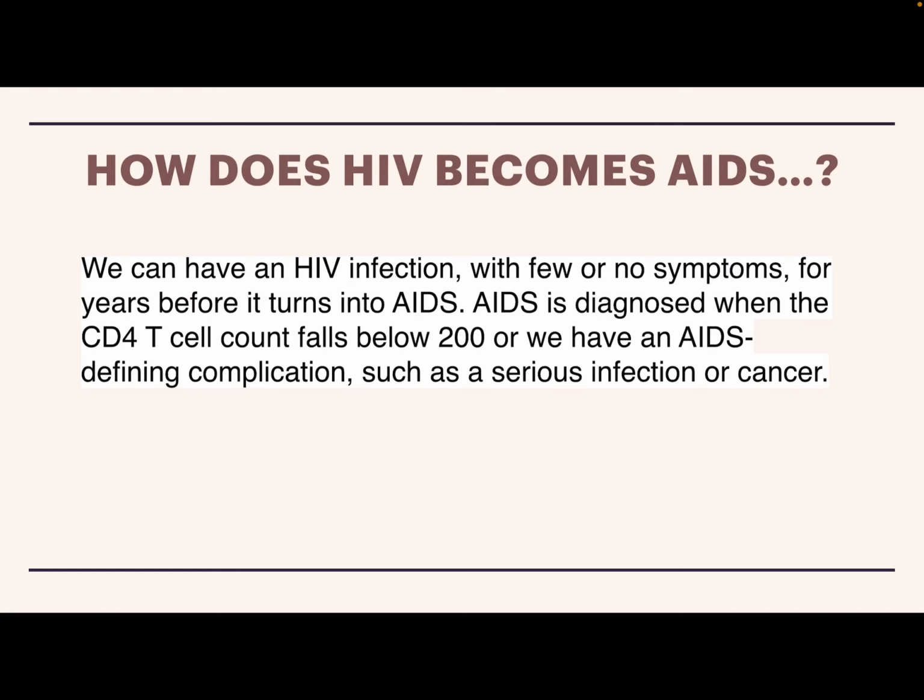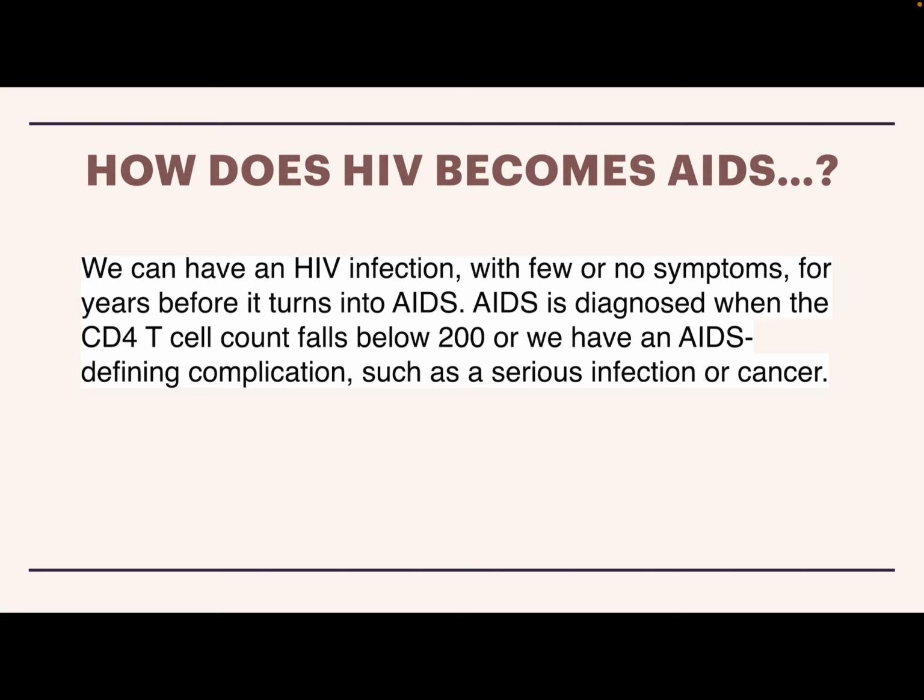Now, how does HIV, which is the main virus, become a disease known as AIDS, a deadly disease? We can have an HIV infection with few or no symptoms for years before it turns into AIDS. AIDS is diagnosed when the CD4 T cell count falls below 200 or we have an AIDS defining complication such as a serious infection or cancer.